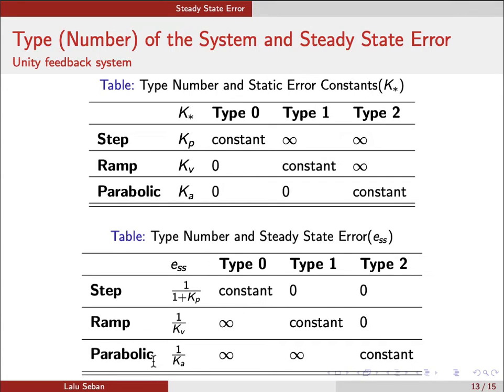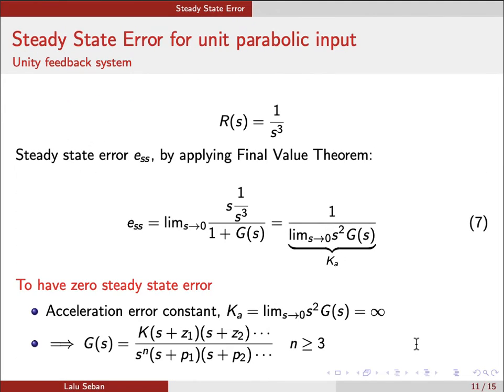Parabolic input, it is constant for type 2. We have seen, if we compare the previous case, for parabolic input for 0 steady state error, the type number n should be greater than or equal to 3.